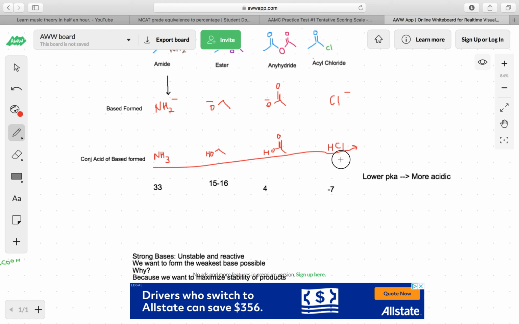So if we use this rule, we know that with these conjugate acids, HCl is more acidic. Right? And this guy's not that acidic. So if we look at our conjugate base, that means we know that the more acidic something is, the more stable the conjugate base. So that means this way we're increasing in stability.